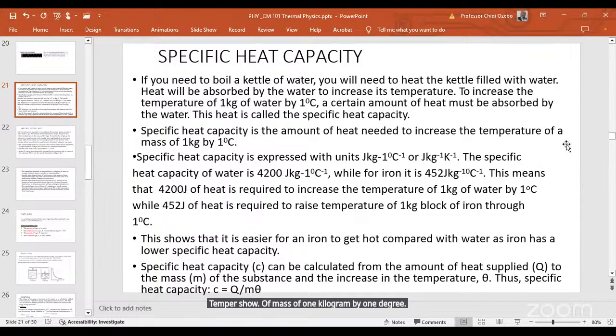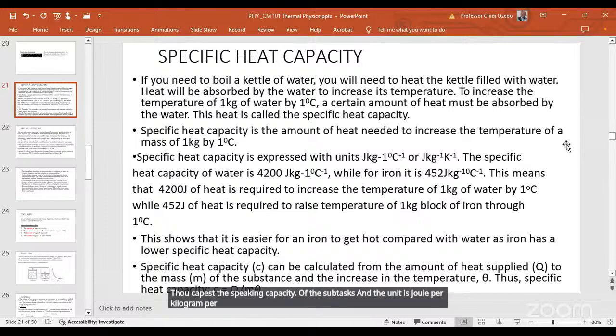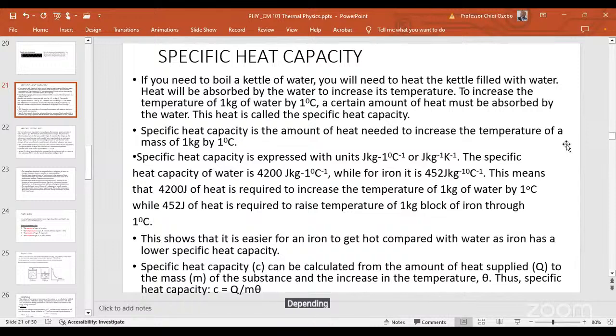That gives us the specific heat capacity of the substance. And the unit is joule per kilogram per Kelvin, or joule per kilogram per degrees Celsius, depending on the unit you are working with.